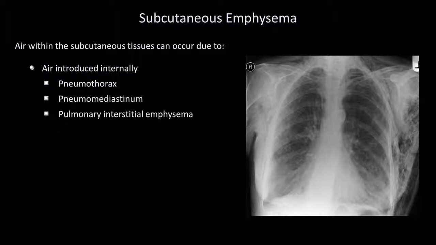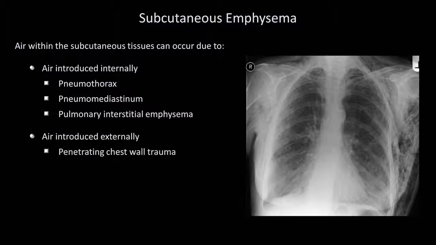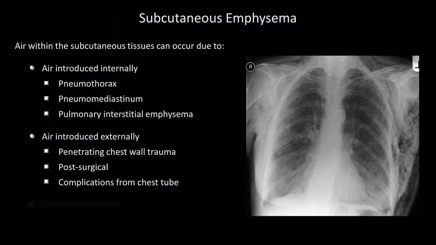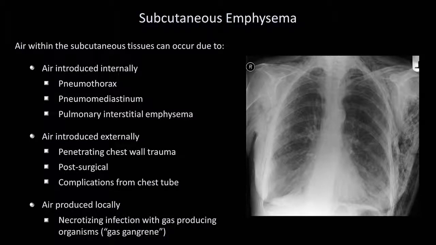Subcu emphysema can also be from air introduced externally from penetrating chest wall trauma, as a consequence of thoracic surgery, or from complications from a chest tube. Finally, the subcu gas can be produced locally by a necrotizing infection with a gas-producing organism, otherwise known as gas gangrene.